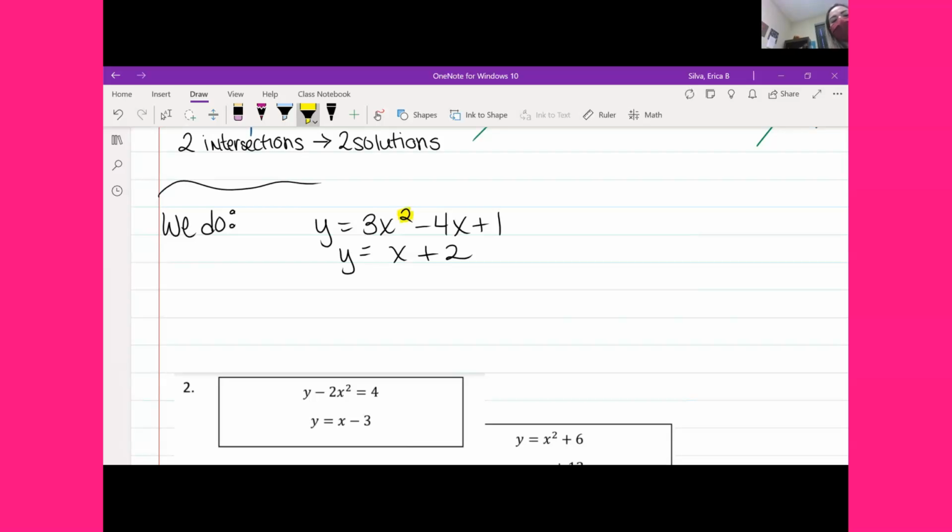Notice how this one has a 2. That means this one is my quadratic function. This one has no number, which means there's a 1 there, and that means we have a linear function. So we have a quadratic and a linear. So let's go ahead and go to our Desmos.